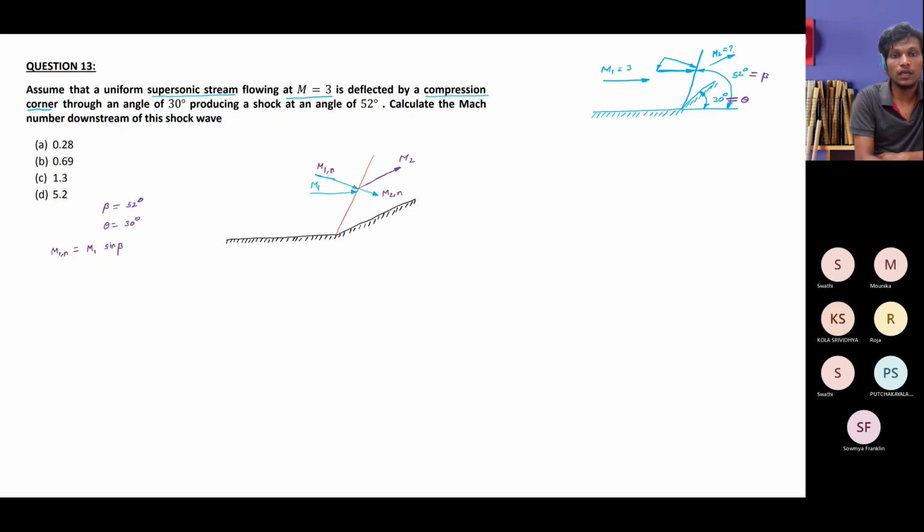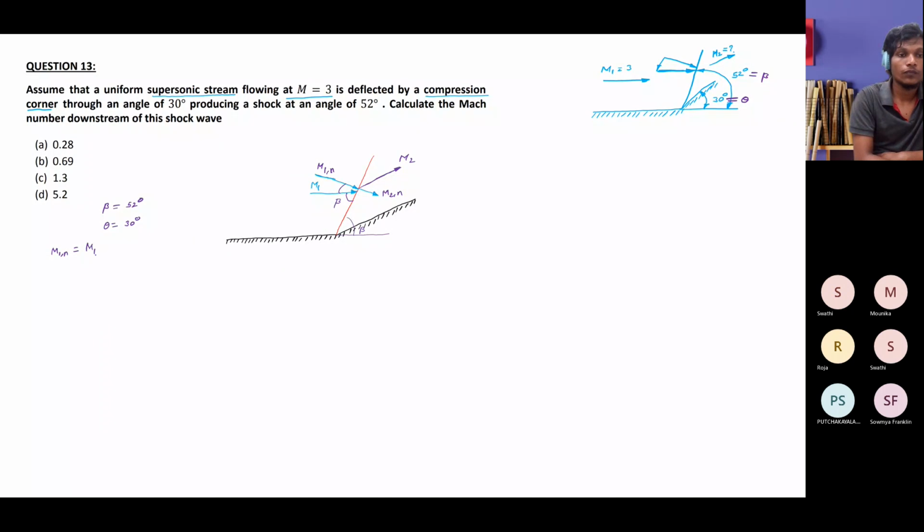This particular angle here is beta, that is again nothing but this angle, so this angle is again your beta. To find this component, you need to use sine, that is M1 sine beta. So this is now the normal component.